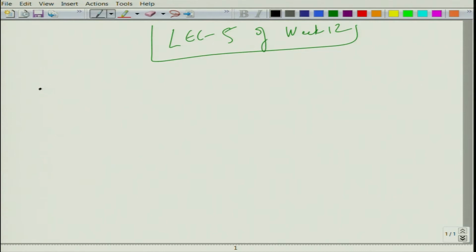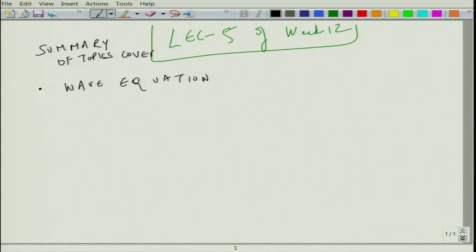Basically we started off with our wave equation: development of the wave equation, the one-dimensional wave equation. This is a summary of all the topics covered so far in this course on muffler acoustics.